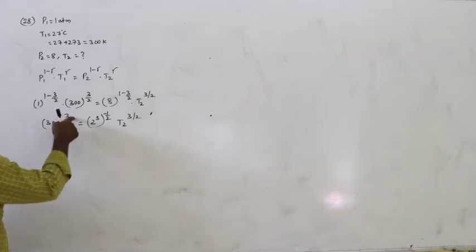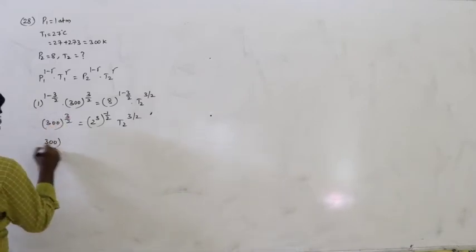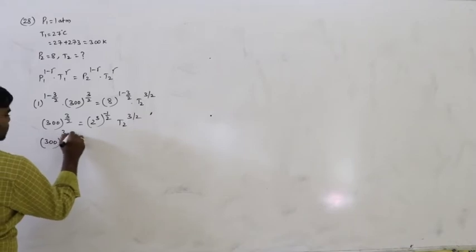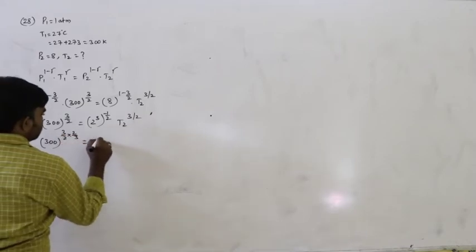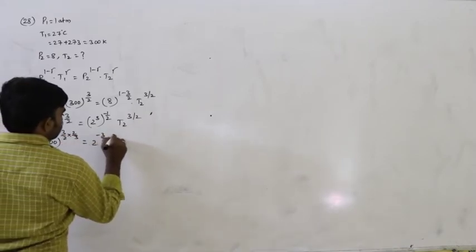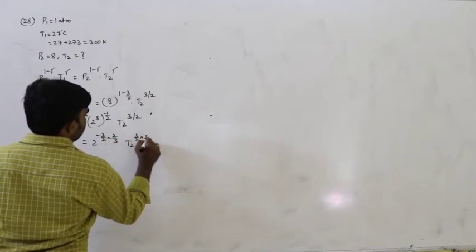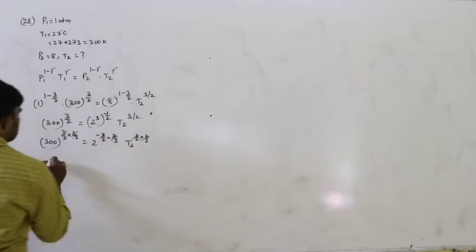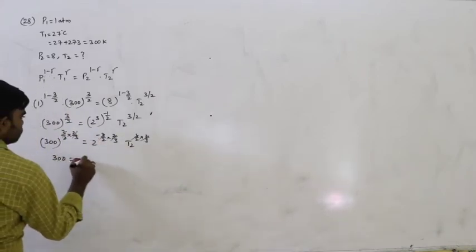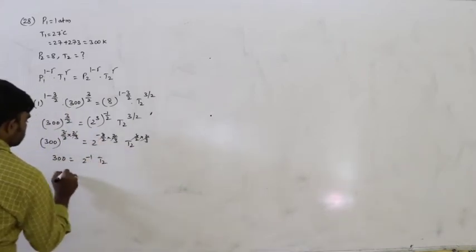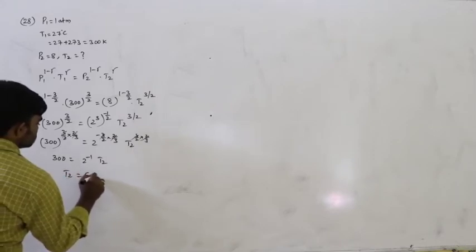Raising both sides to the power 2 by 3, the powers cancel here. So 300 is equal to 2 power minus 1 into T2. So T2 is equal to 600 Kelvin.